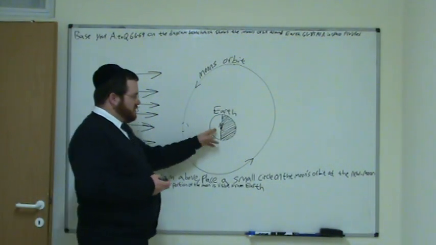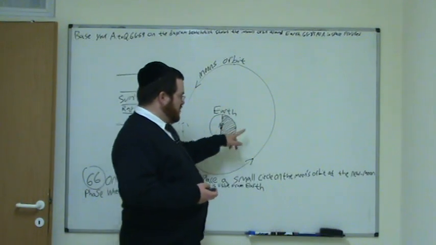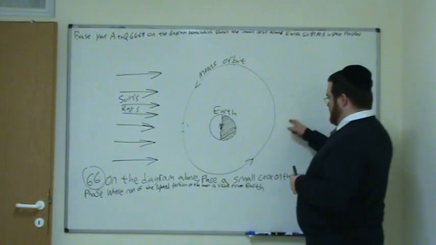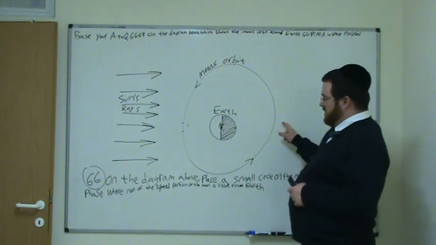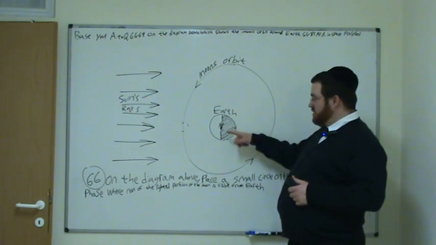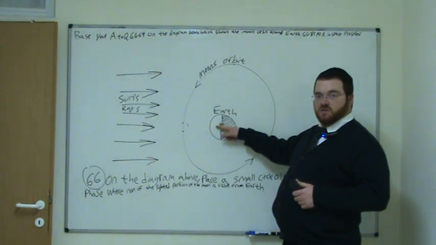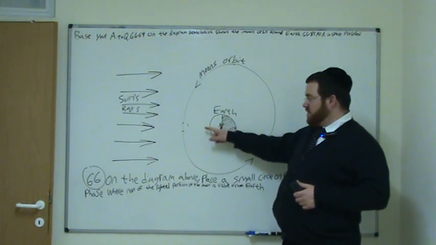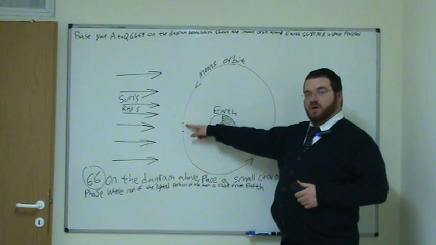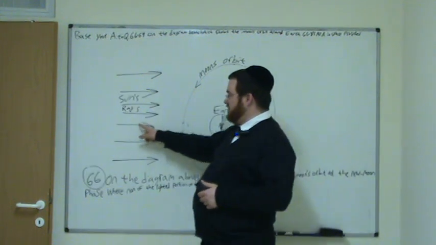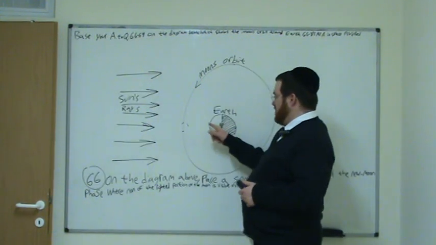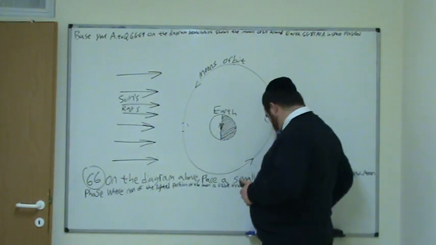Well, let's say the moon would be over here, right? The moon would be over here, so then the moon will not see this part of the earth, which is light. Same thing, if the moon would be over here, then the earth will not see the lighted part of the moon, because the lighted part of the moon will be facing the sun, and the dark part of the moon will be facing the earth.